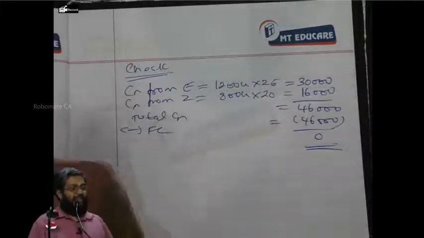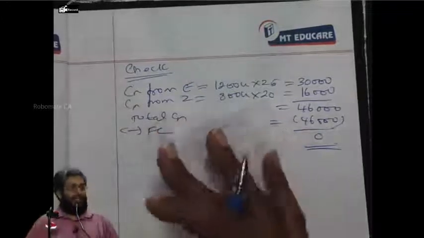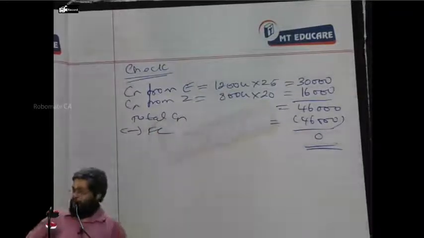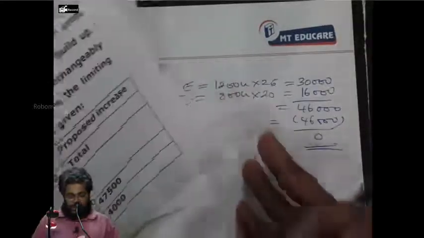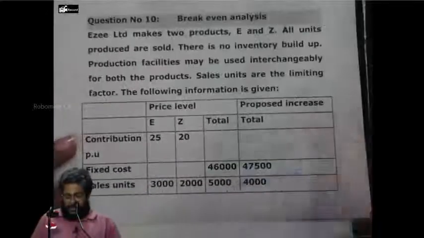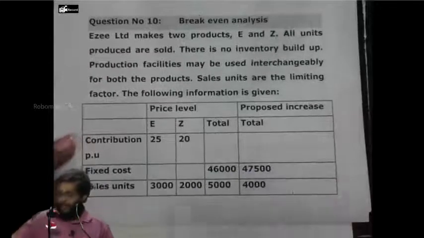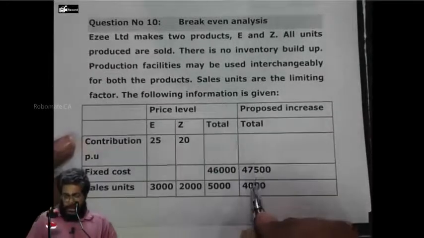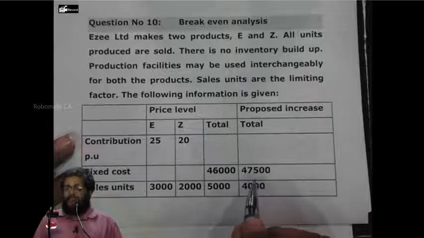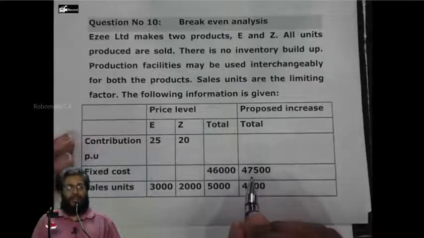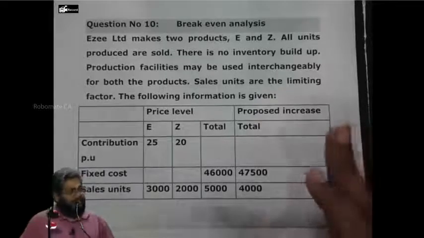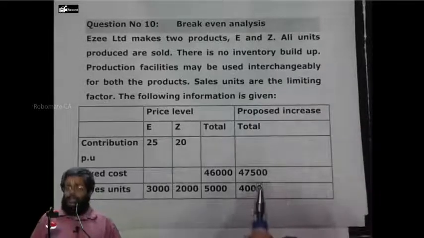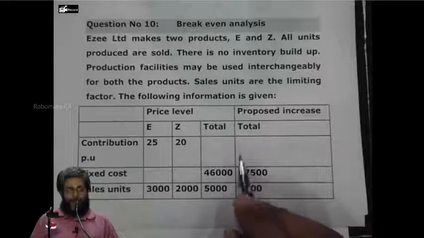Now, with this we complete the first part of the question: at the present level, how much should I sell to break even? Okay, now, next. See, I am going to incur additional fixed cost of 47,500 rupees. They are asking the question, how many units should I sell in the new capacity?